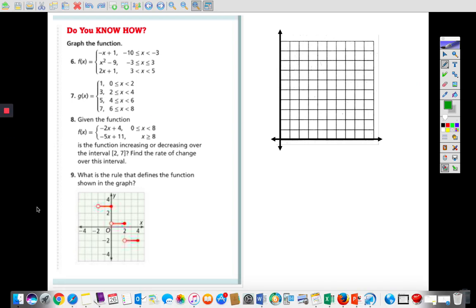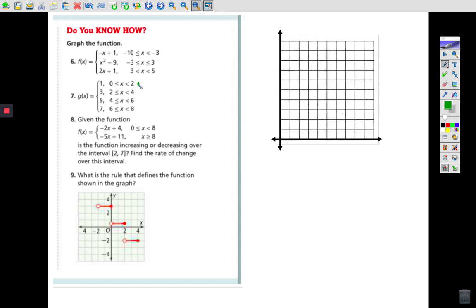Alright, so 7 is actually pretty easy because I've just got g of x is equal to 1 between 0 and 2. So we're just going to go up by 1s on each of these. So 1, 2, 3, 4, 5, 6, 7, 8, 9, 10.